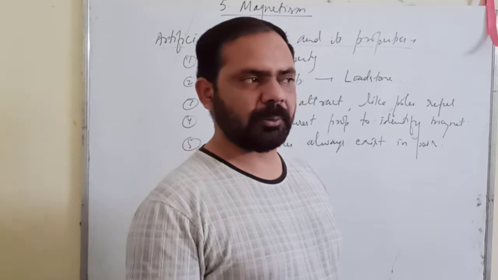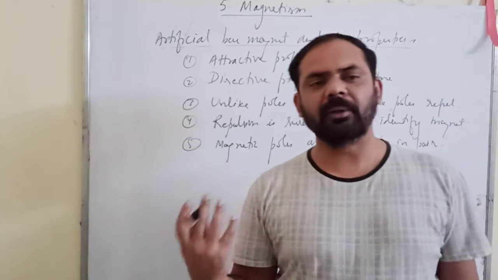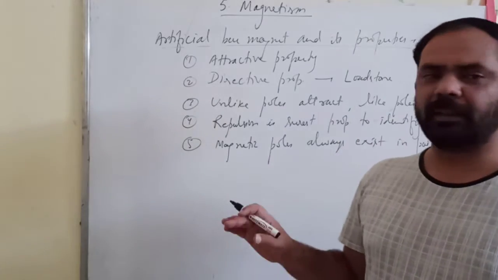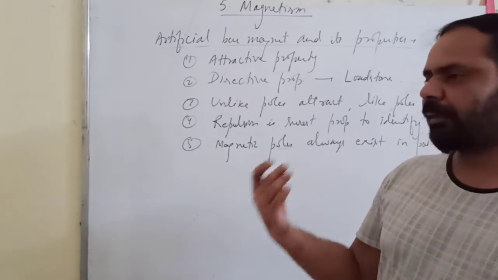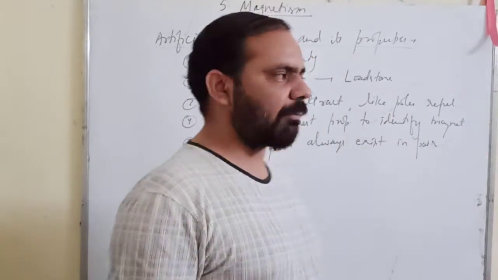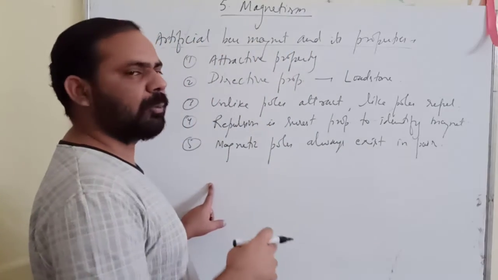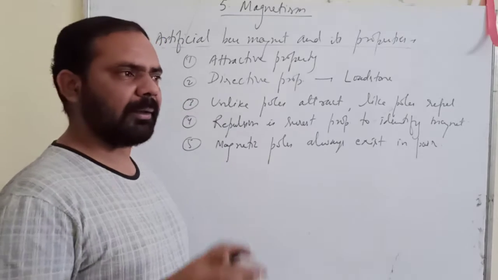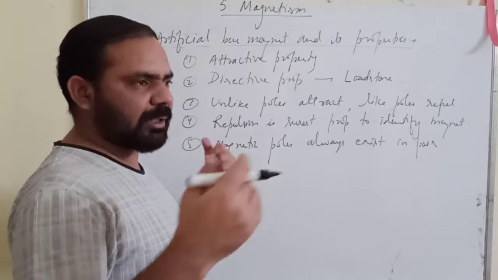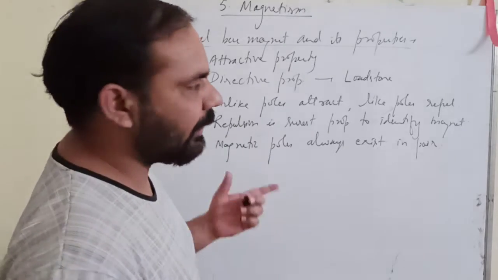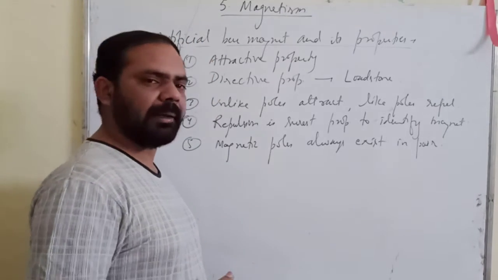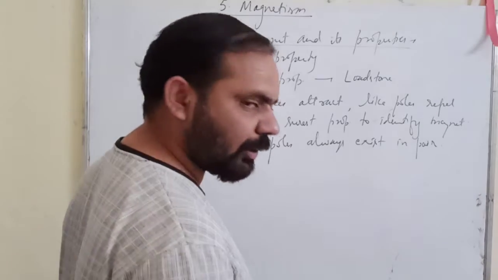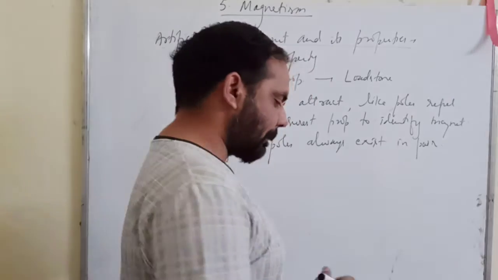Isolated north and south poles have not been identified till today in nature. If you have a north pole, then you must have a south pole along with it.